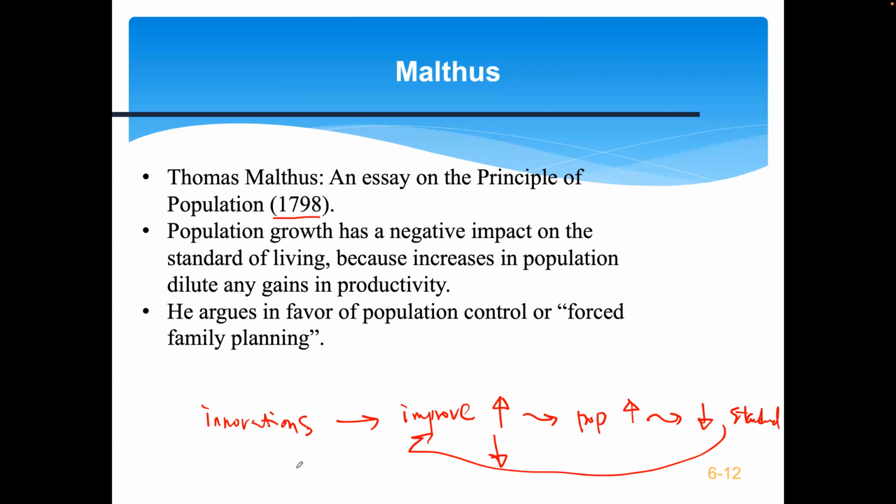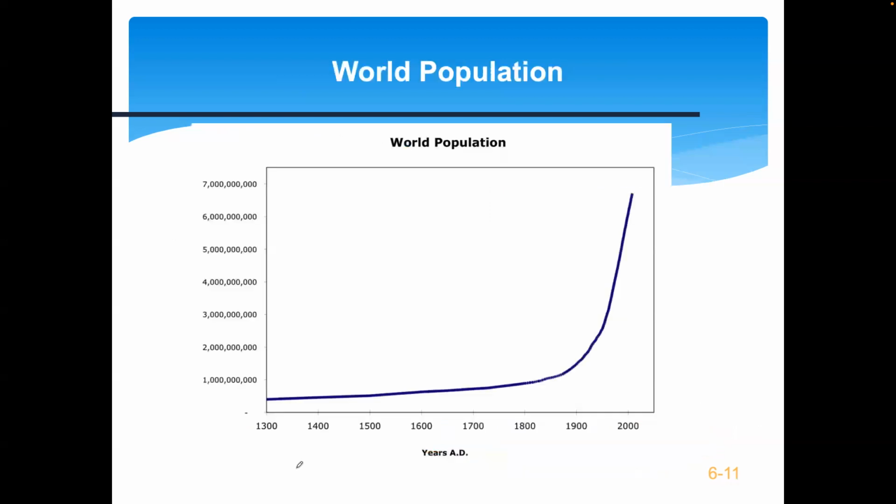But his thesis, or his theory, was based on the observation he had, like we saw before. In human history before 1800, if you look at these scales, there wasn't much improvement in population. Not only that, as we saw earlier, before 1800, there wasn't much improvement in GDP per capita or standard of living.